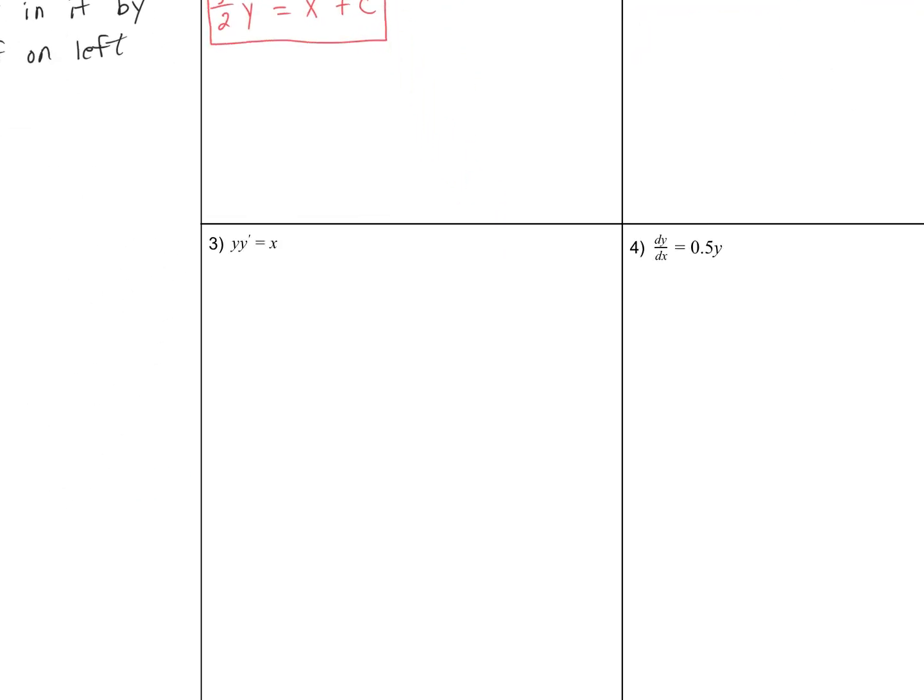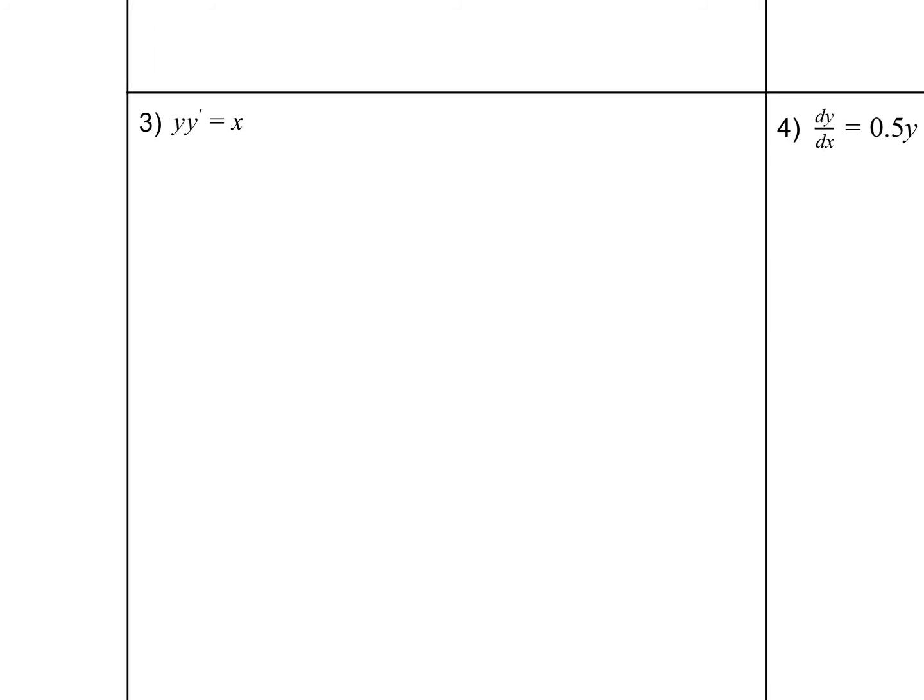Number 3. Okay, now we got a little twist. There's no differentials here. Do you see any dx's and dy's? I don't. So now we have to make them appear. So check it out. y prime, that's a symbol for derivative. We have to rewrite y prime.